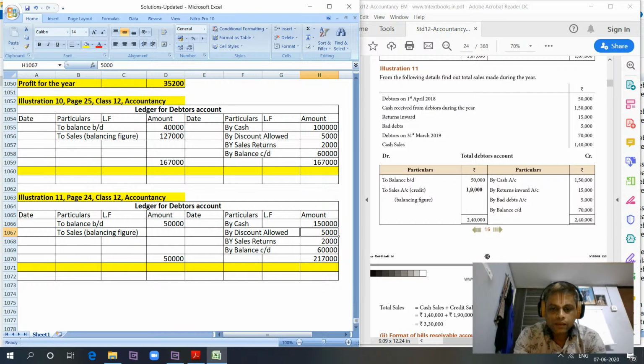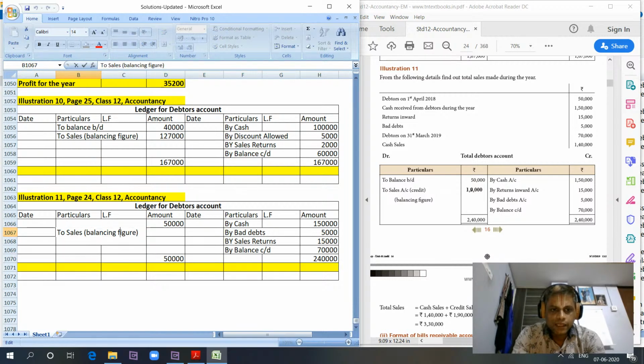Returns inward, sales return, is 15,000. Then we have bad debts 5,000. And debtors as on 31st March is 70,000.